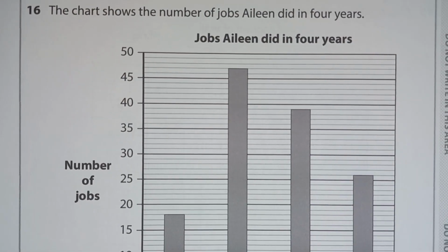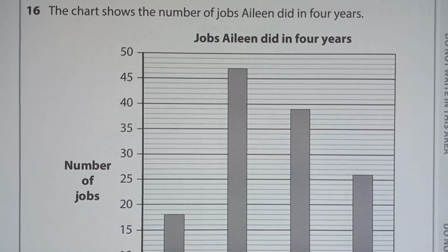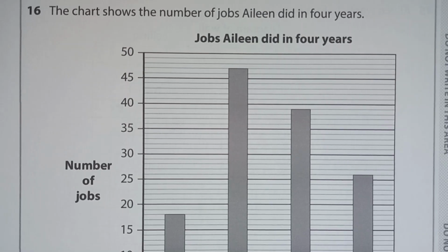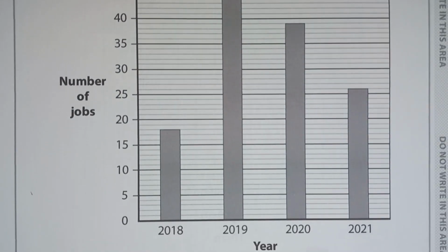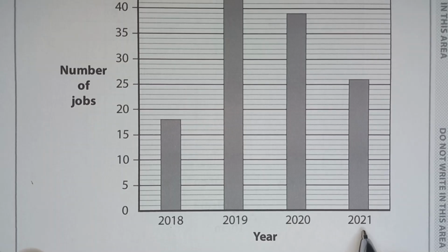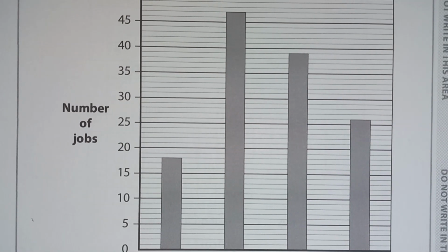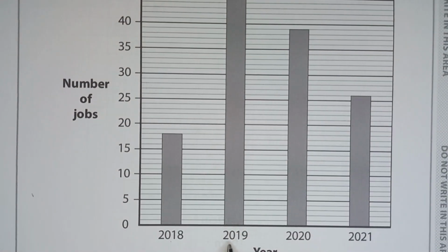And finally, we've got question 16. The chart shows the number of jobs Aileen did in 4 years. So we've got them split by year. 2018, 2019, 2020, 2021. And if we just look at it, we can see the most number of jobs were done in this year here, which was 2019.